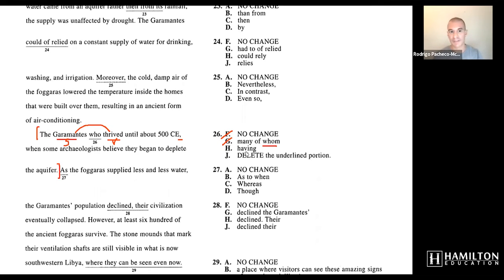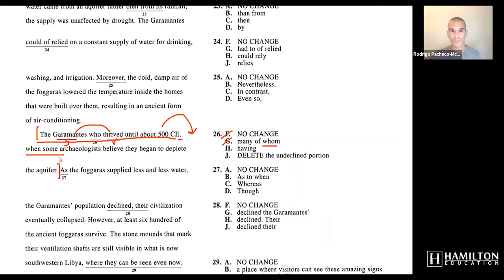The Garamantes having thrived until about 500 CE. With H, we would be setting up a participle phrase. So we would be turning this whole thing into a participle phrase. And that would have to be followed by an independent clause, because these participle phrases always modify a subject. But we see here that this is followed by a dependent clause.